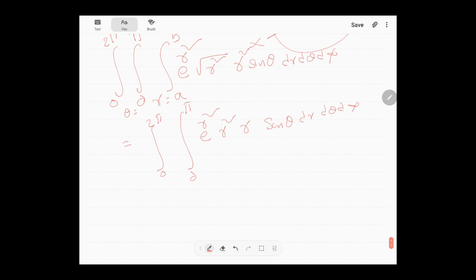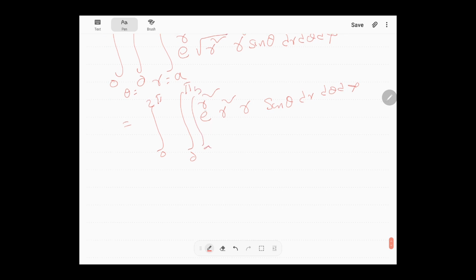First, we need to integrate with respect to r. Now, if I put r square is t, 2r dr is dt. Therefore, to have 2, I'll multiply this by 2 and divide this by 2. So, half of, if I put r square as t, now I have e power t into another t, and 2r dr will be dt.